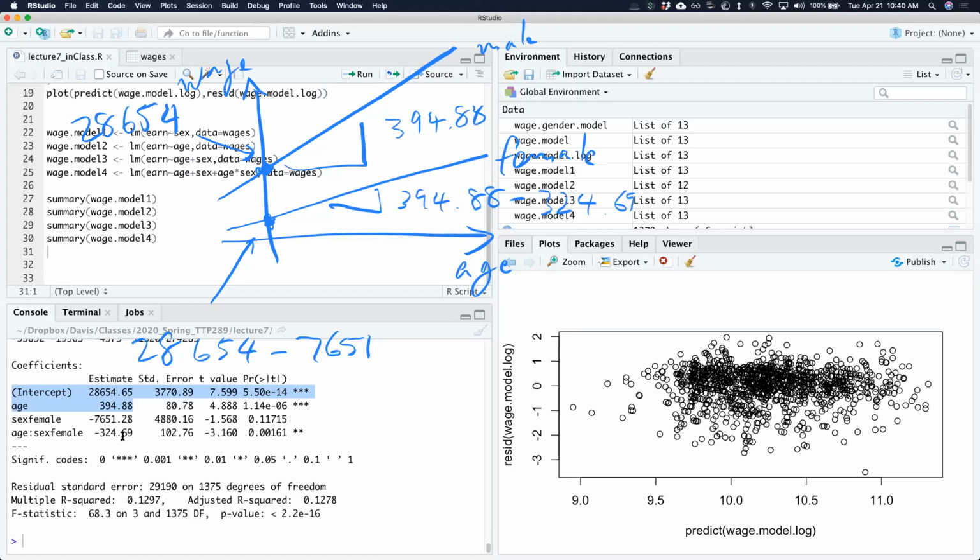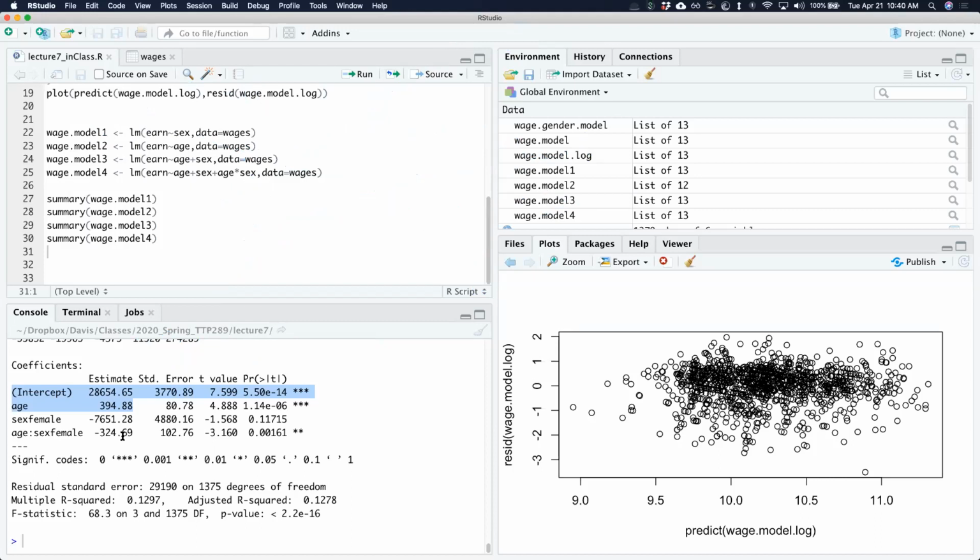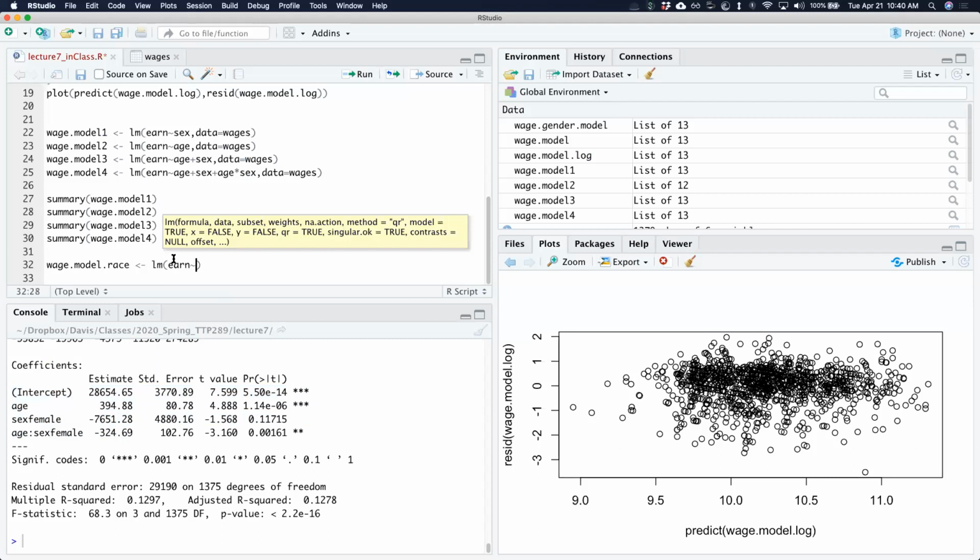Okay, and so that's essentially how we go about interpreting the interaction variable. When we go from dummy variable to multiple categories, it's treated in the same way, except you may have multiple other levels besides this. In fact, I can just go ahead and show it really quick. You may have something like this. So age plus race plus age times race.